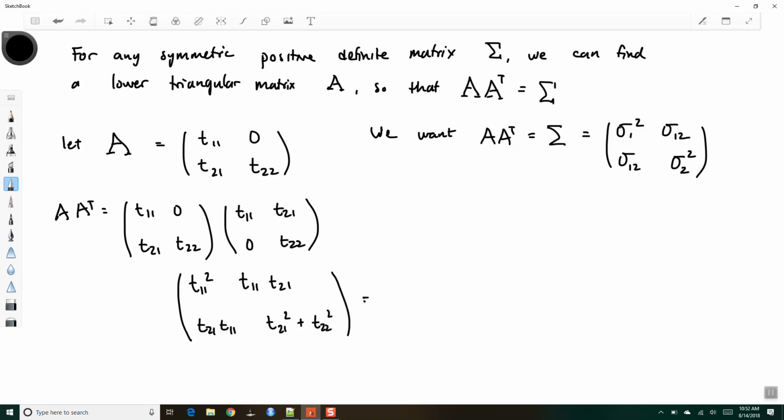All right, and so we will set this equal to sigma 1 squared, sigma 1,2, sigma 1,2, sigma 2 squared. Okay, so basically I've got a bunch of equations.